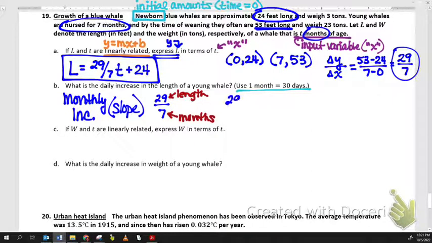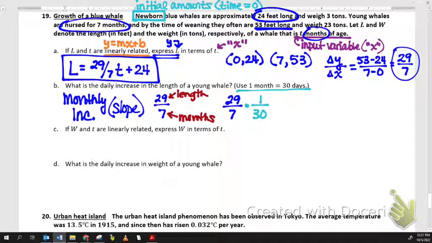So I'm going to take 29 over 7, and I'm going to multiply that. And I'm going to use 1 over 30. Why 1 over 30 and not 30 over 1? How did I decide that that was the right way to set it up?